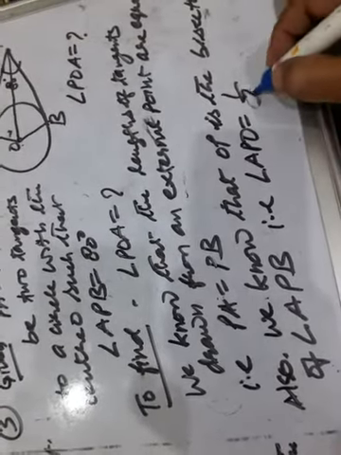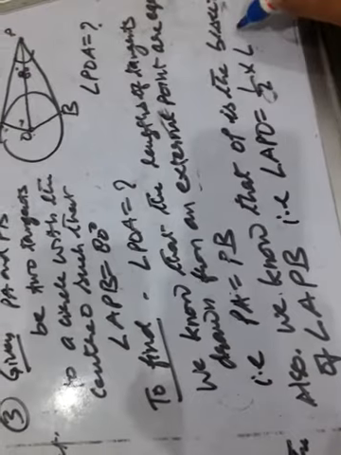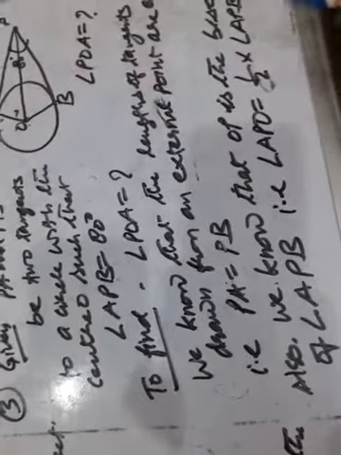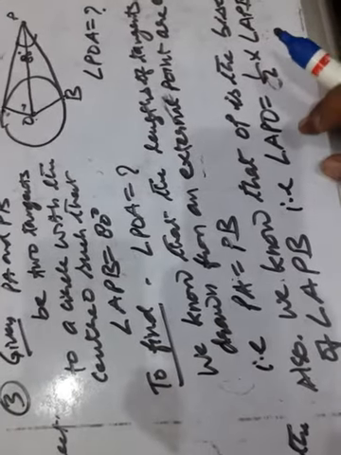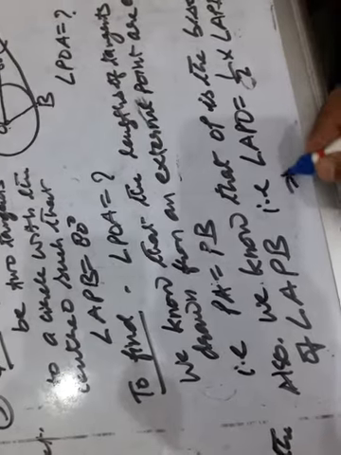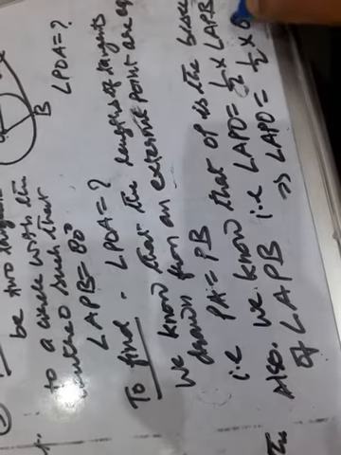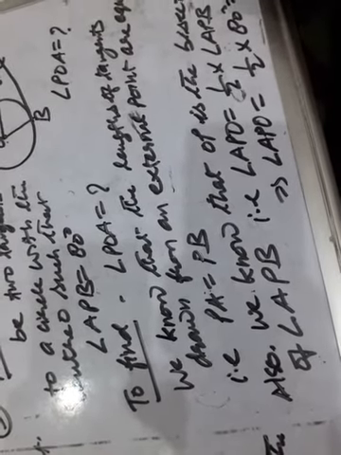We are finding angle APO, which is equal to half of angle APB, since it is a bisector. Angle APB is given to be 80 degrees. This means angle APO equals half of 80 degrees, and that is equal to 40 degrees.